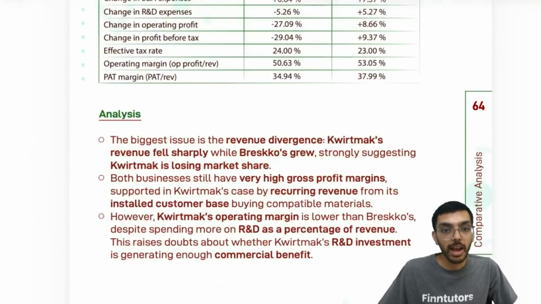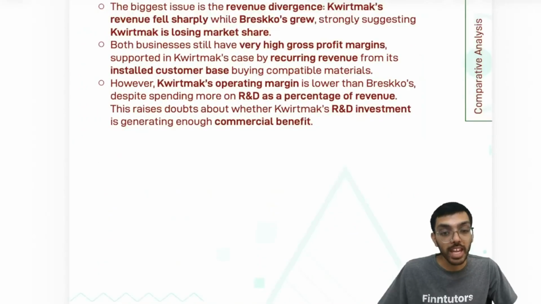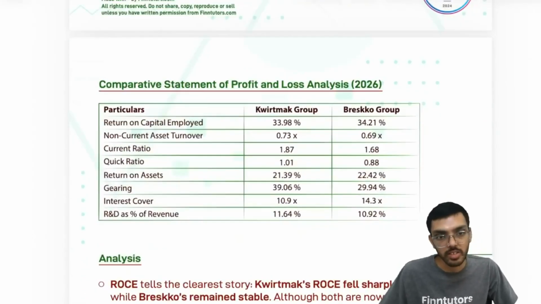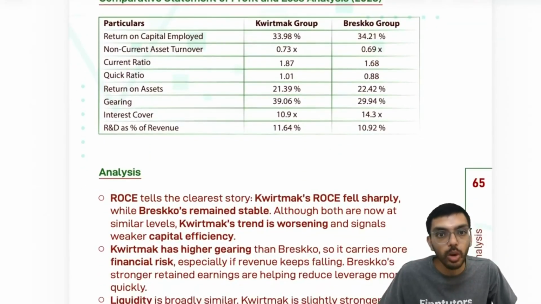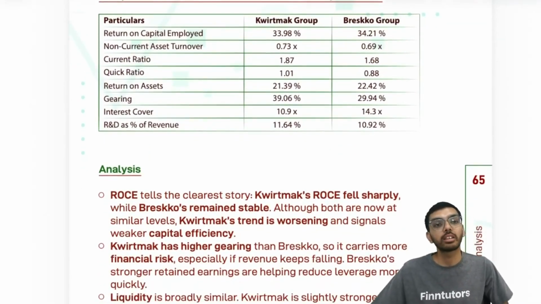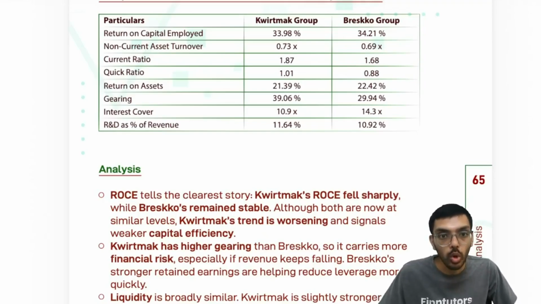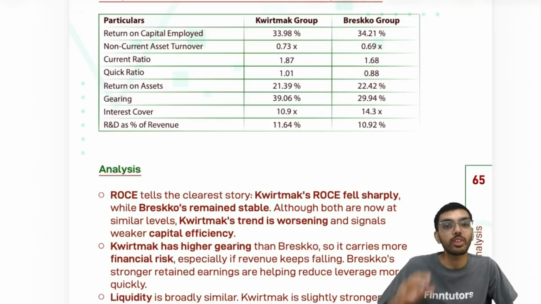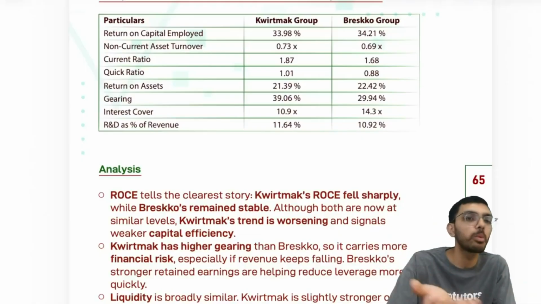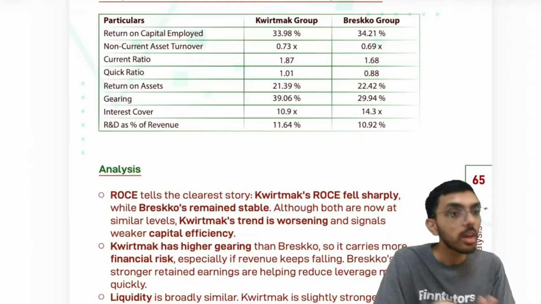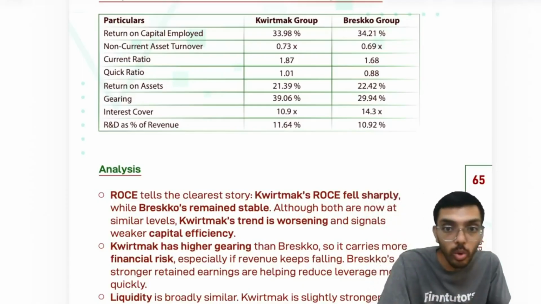If I look at my comparative financial statement analysis, then we'll very clearly see that Kwirtmak was at 33.98%. Bresco is at 34.21. So ROCE, I'll say pretty much same for both companies, but mine from 50% has come down.